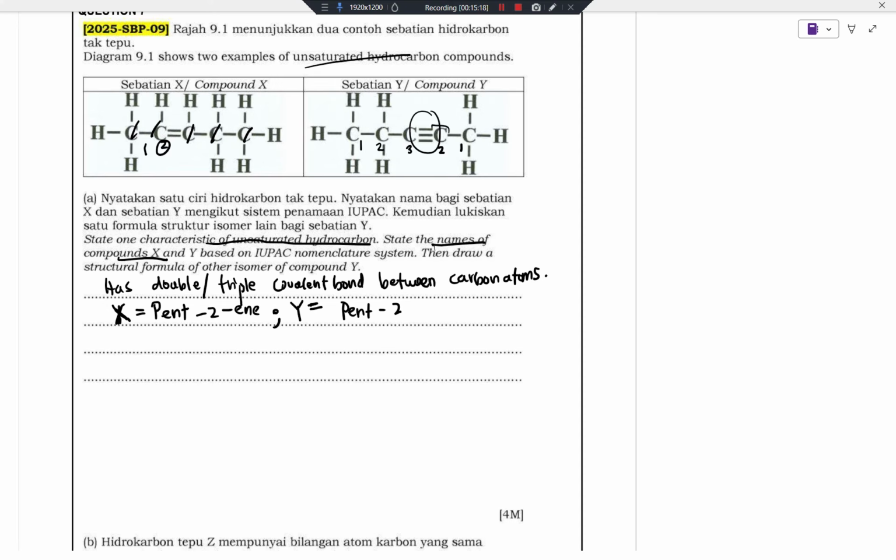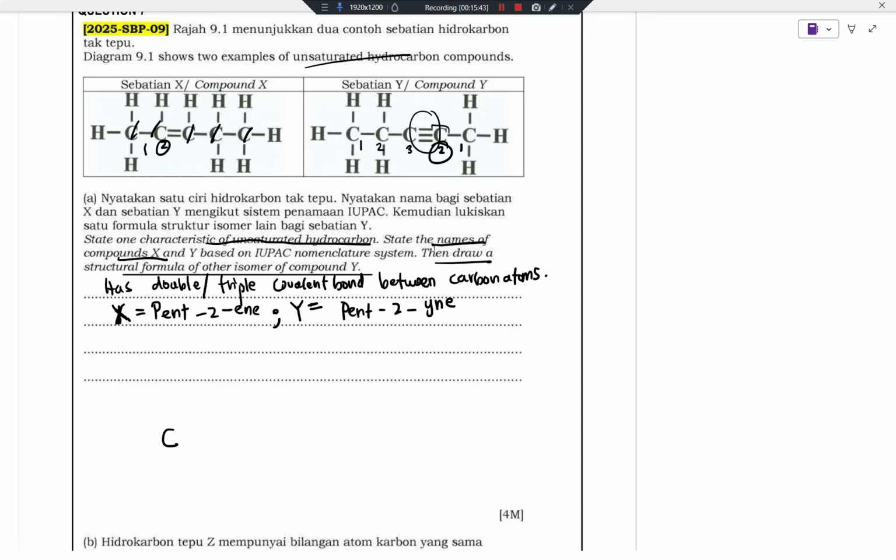The position of the triple bond. So you choose the shortest, so you must take second. Pent-2-yne. Then draw a structural formula of either isomer of compound Y. They are asking for the isomer. Just shift the triple bond.